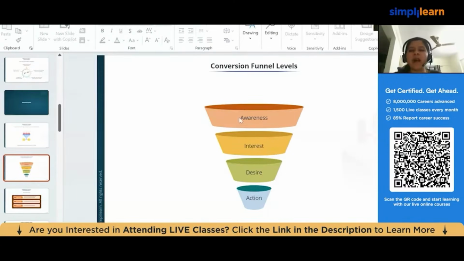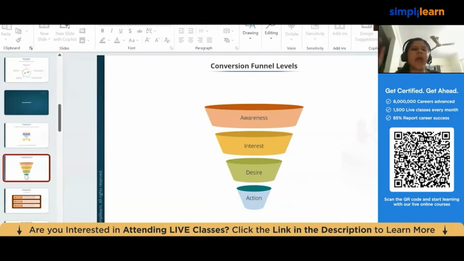At the awareness stage, the ad I run will educate you on skincare, but at the action stage, my advertising communication would be more with respect to discounts or offers. So based on the conversion funnel, your platform changes, your communication changes, and the products that you push also change. This is more part of strategy, I would say.